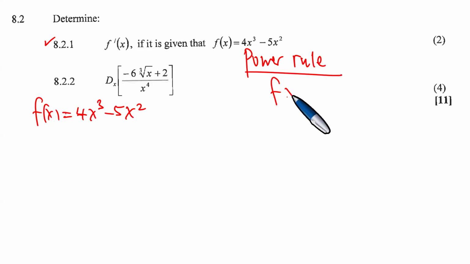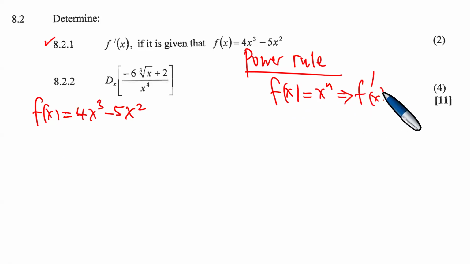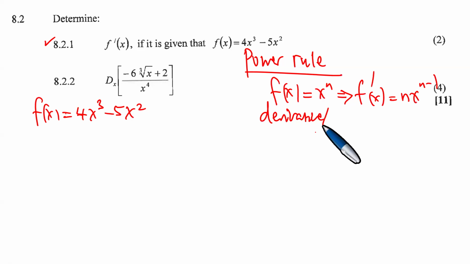The power rule says that f of x equals x to the power n implies that the derivative, or the gradient, or the slope, is n x to the power n minus 1.